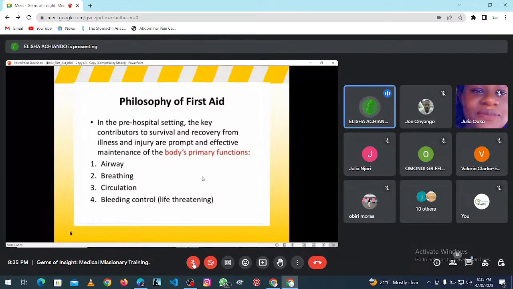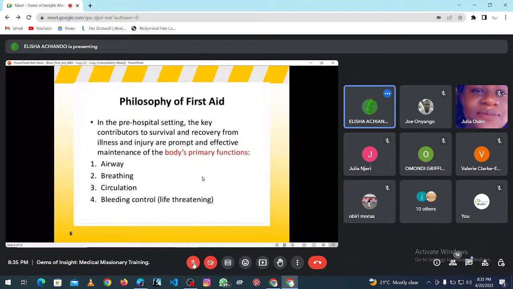So the main philosophy of doing every first aid is to make sure that the body's primary functions are in the right state. So airways, breathing, circulation, and the last one is called D. D should be danger, and D, in a hospital setting, will also represent dextrose, and this generally means that you are providing energy to this person.